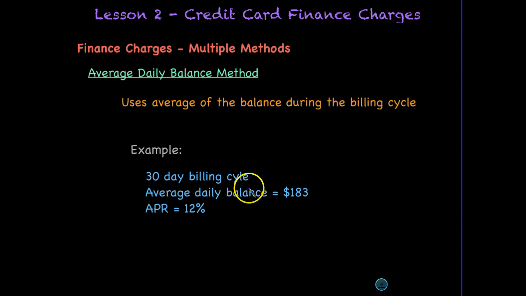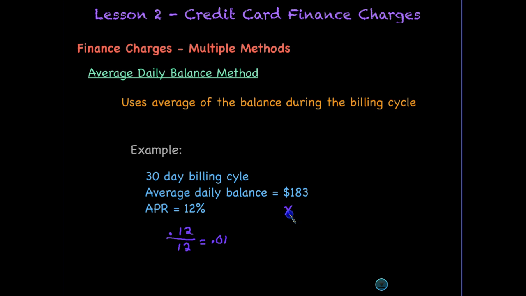If we have a 30-day billing cycle, and we say that our average daily balance was 183, so we have calculated that, and our annual percentage rate is 12%, we can find out our finance charge by again finding the monthly rate, so 12% divided by 12, which we know comes to 0.01.